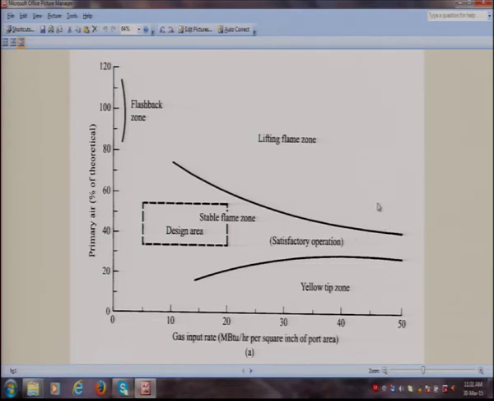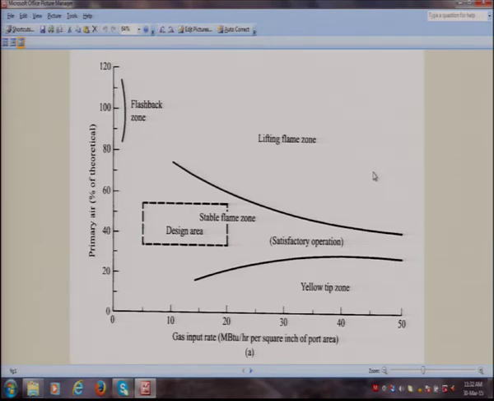Above this line, where my pointer is, is the lifting zone. The extent of the lifting zone is increasing as we go more towards the right. More towards the right means higher values of gas input flow rate. That is understandable, because higher flow velocities will tend to widen the lift off regime, correct.